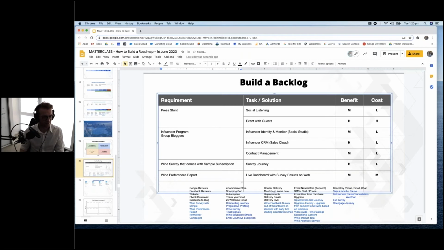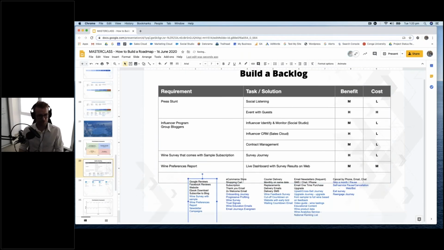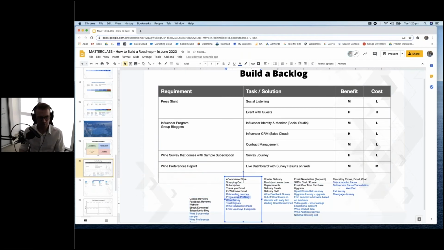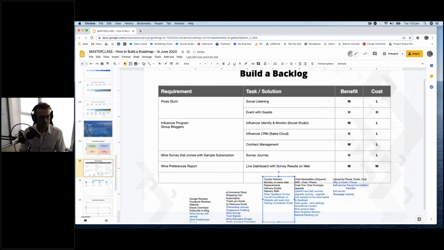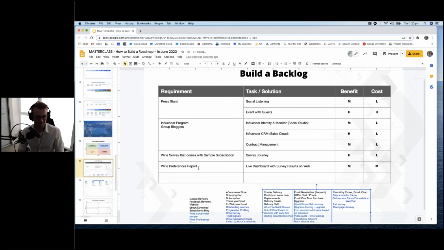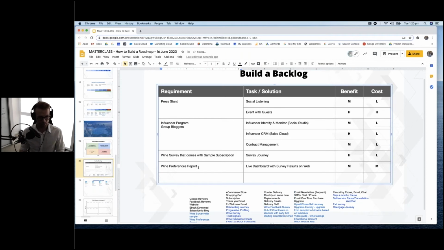You could also look at different options. As we're strategizing, maybe there are a few varieties of a wine preferences report. Maybe there's a version which is quite awesome, a live thing on the website that you can go to. But do Gartner have that? No, Gartner don't do that. Gartner do a monthly email report that you can subscribe to, where you get those results as part of a monthly wrap up.